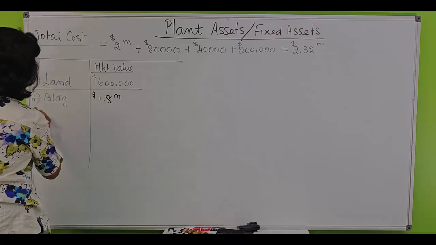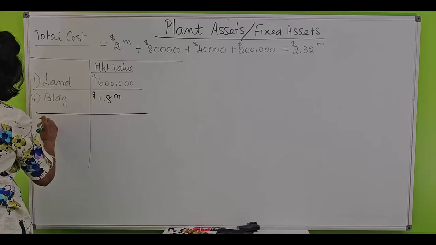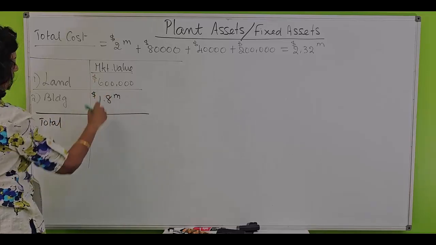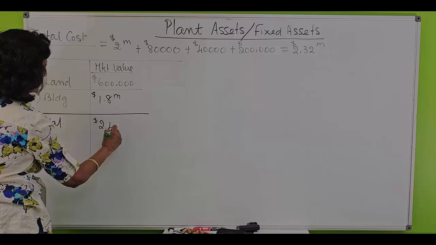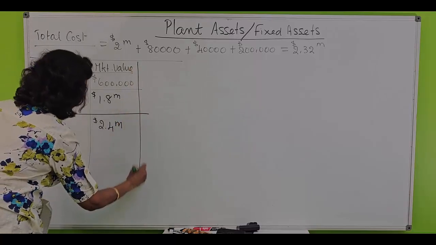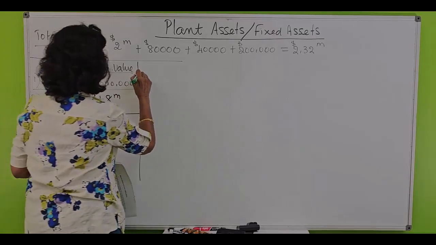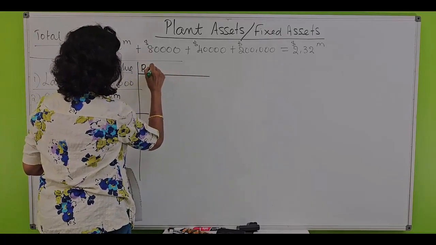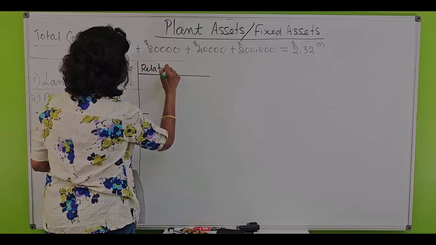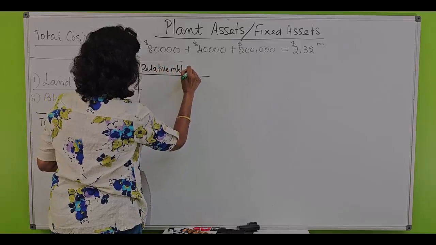So here, the total market value is $2.4 million. Okay, then based on this market value, we calculate the relative market value or sales value.